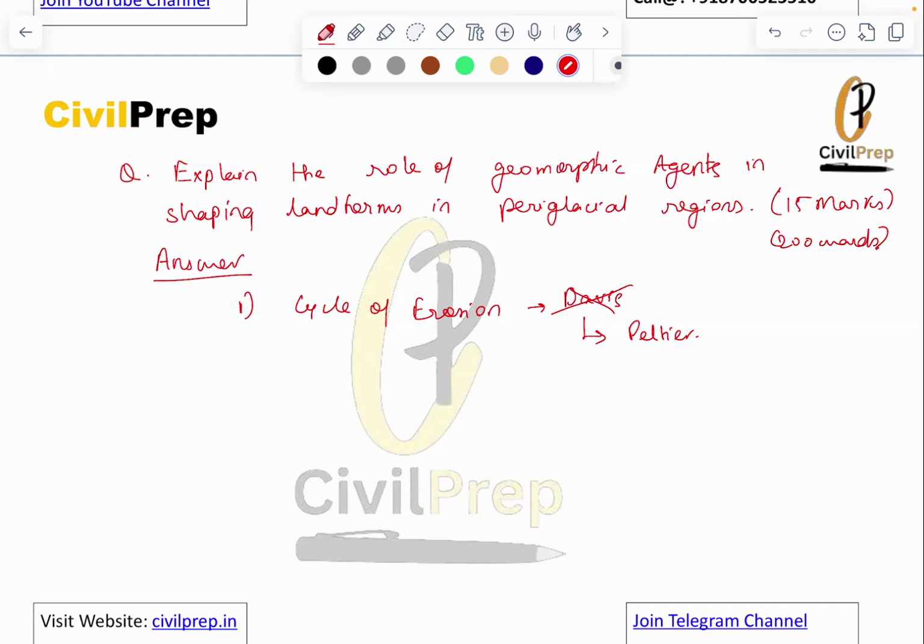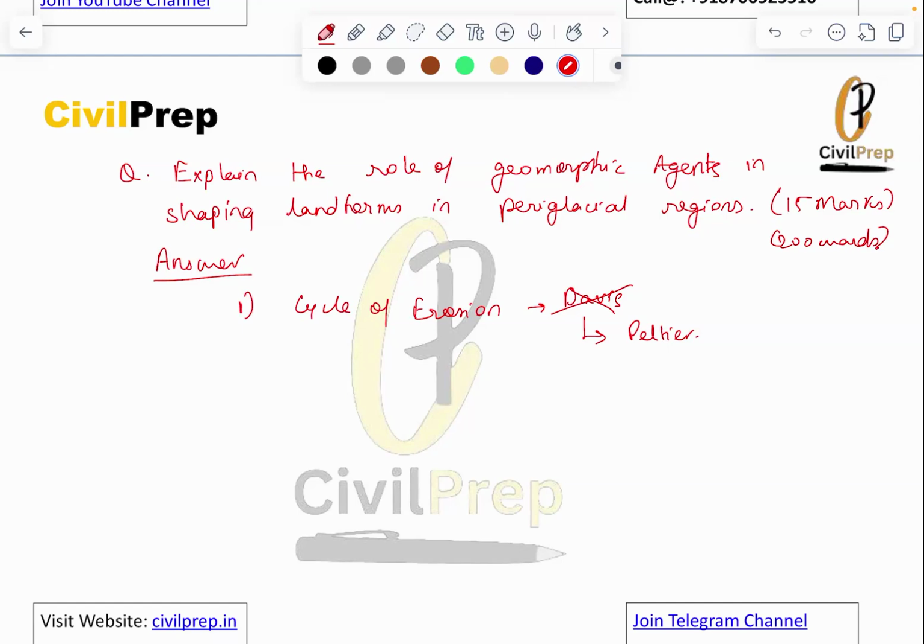So Peltier is one of the persons. What happened is that Davis gave one cycle of erosion, and he said that this cycle of erosion is applied universally, like for coastal landforms, fluvial landforms, and aeolian landforms. He did not apply it to the periglacial landscapes.